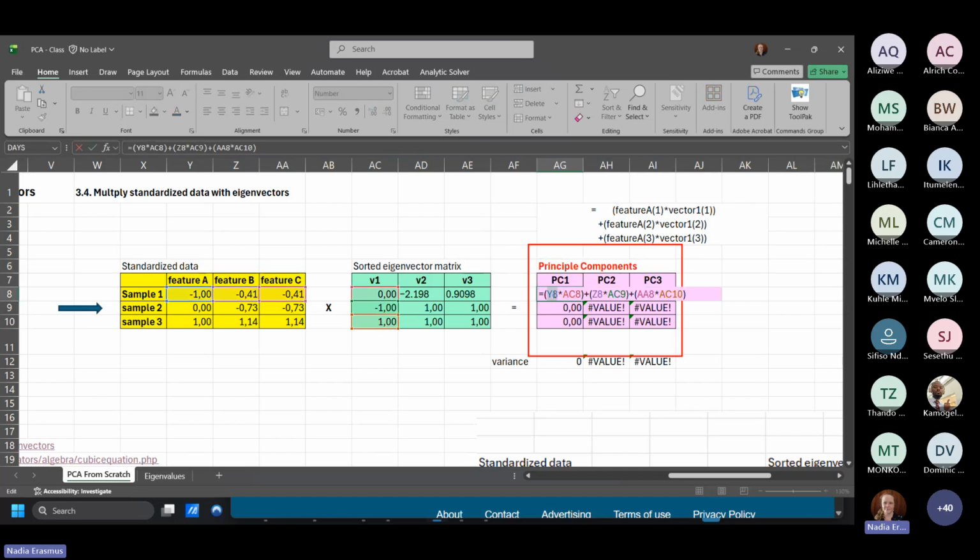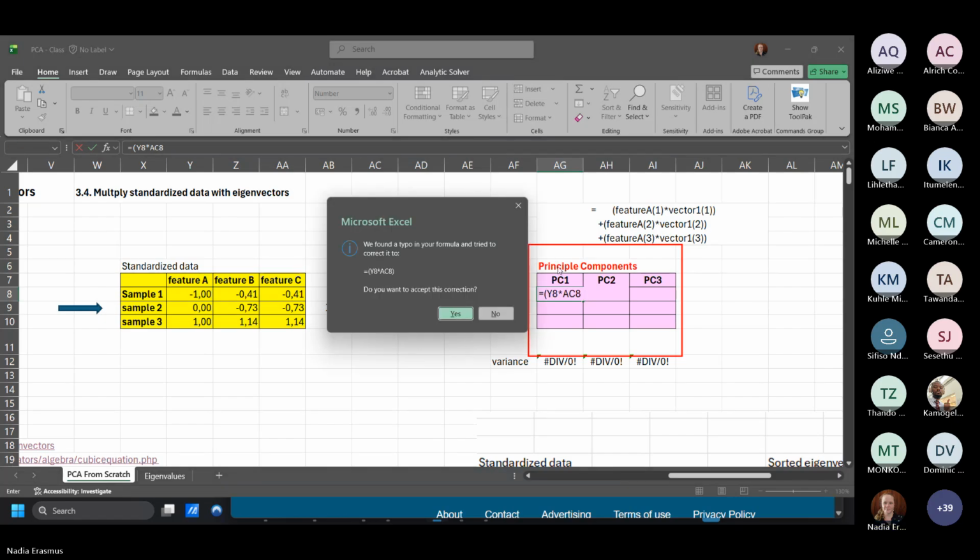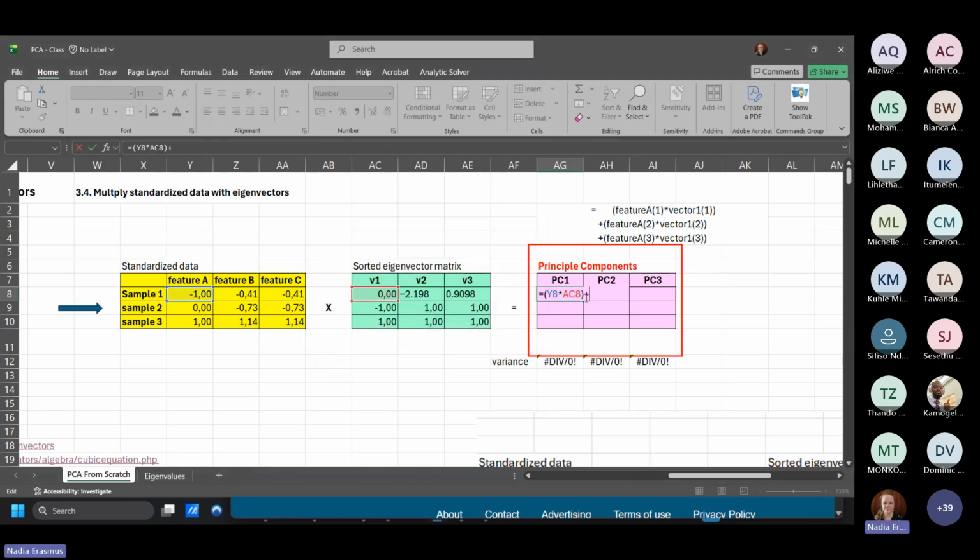I'm going to just clear all of this. So you're going to have, in brackets, feature 1A, sample 1, multiplied by your vector 1, 1, plus, in brackets, the second one multiplied by the second value, feature A, vector A, plus times vector.